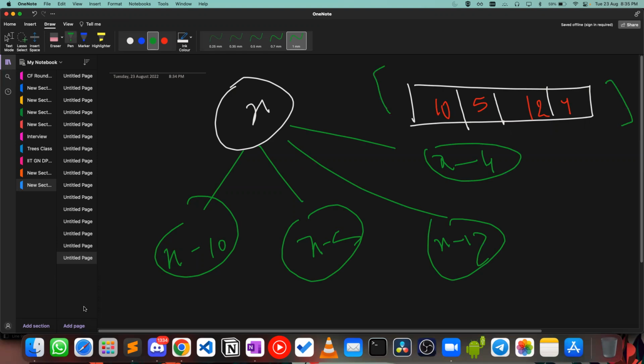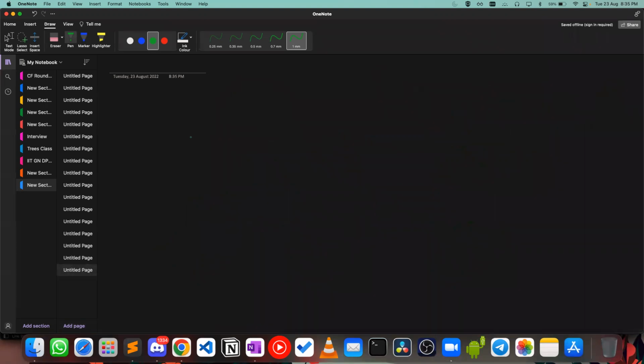So can you give me a state now? Give me a good enough state. dp of I being the number of ways to form I. Perfect.